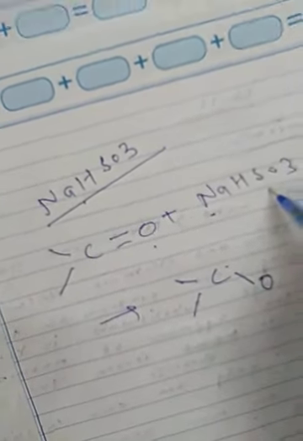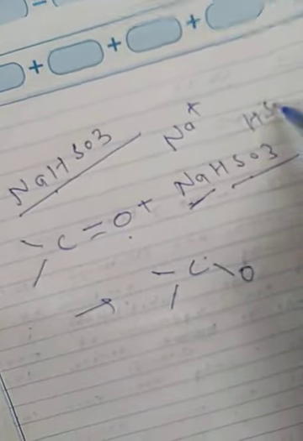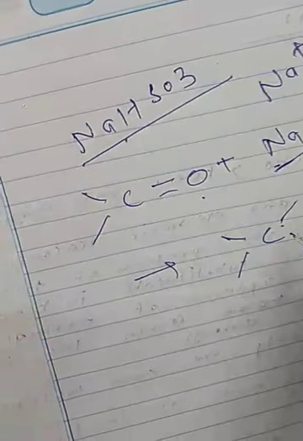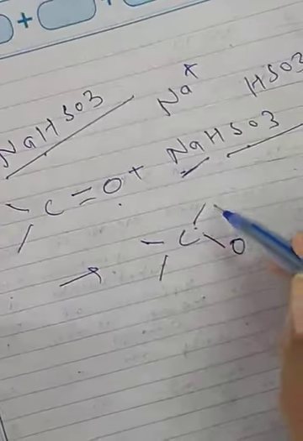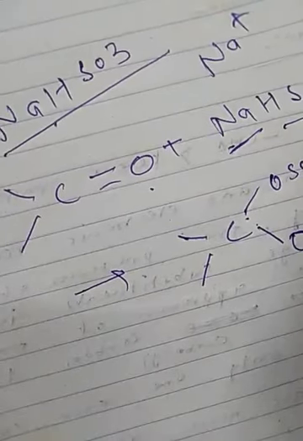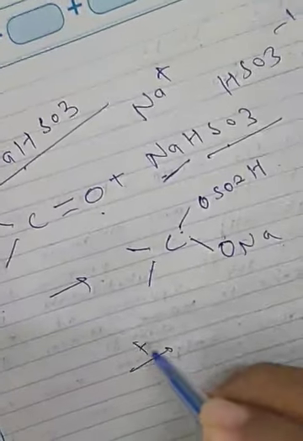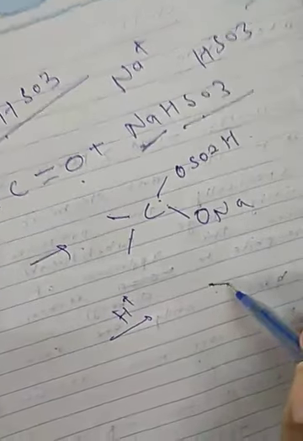Nucleophile you have to see, that is Na you have to remove. This is positive, okay? And this one is HSO3 minus. So this one you have to attach here: SO2, H, and this one is ONa, which we are adding here. So further reaction with H ion, you are getting the final product: C, OH, SO2Na. Okay, transfer.